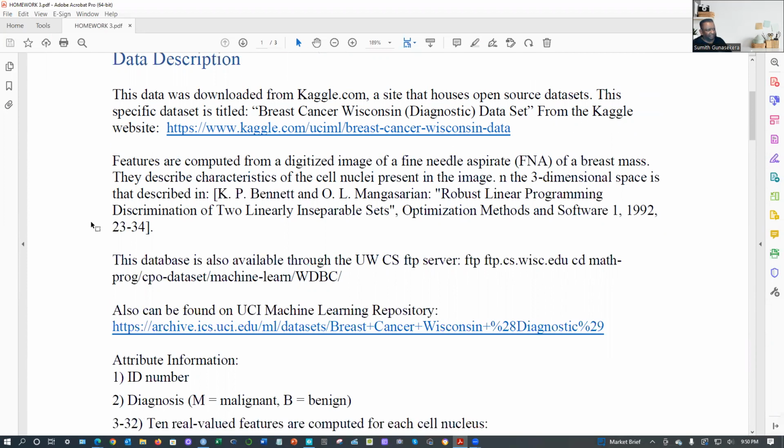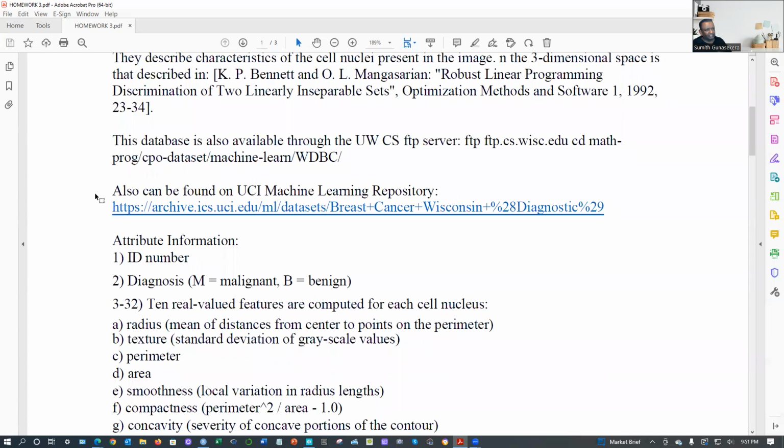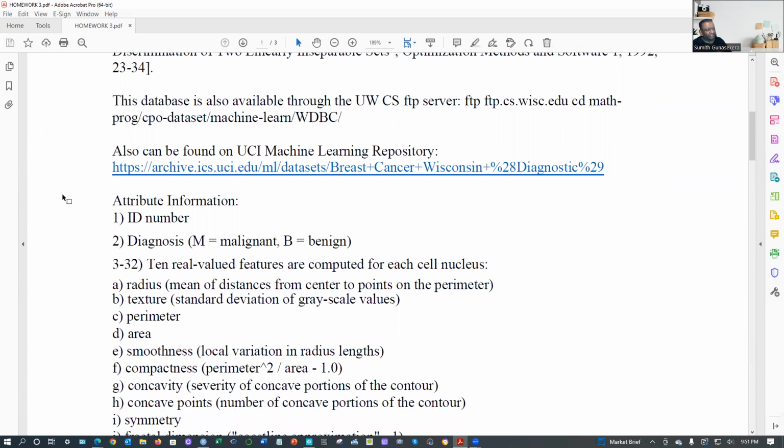Features are computed from a digitized image of a fine needle aspirate, FNA, of a breast mass. They describe the characteristics of the cell nuclei present in the image. This is the article. The data set can also be found on the UCI machine learning repository.